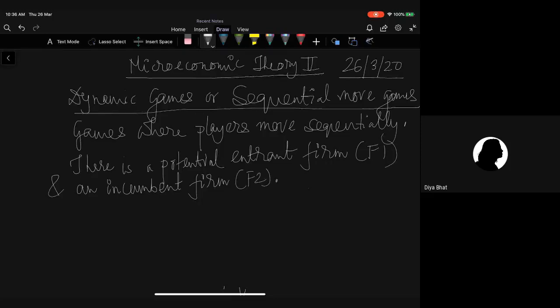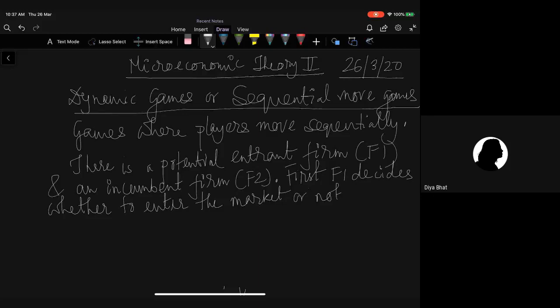Now, what is the sequence in which the two firms move? First, the potential entrant, F1, decides whether to enter the market or not. Those are the two possible strategies of the potential entrant.